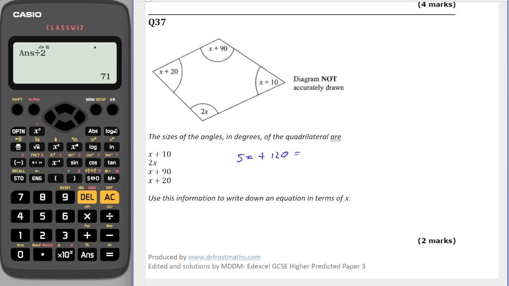And that has to be equal to 360. So that's my equation in terms of x. I can go on and solve that, but that's as far as we're asked.